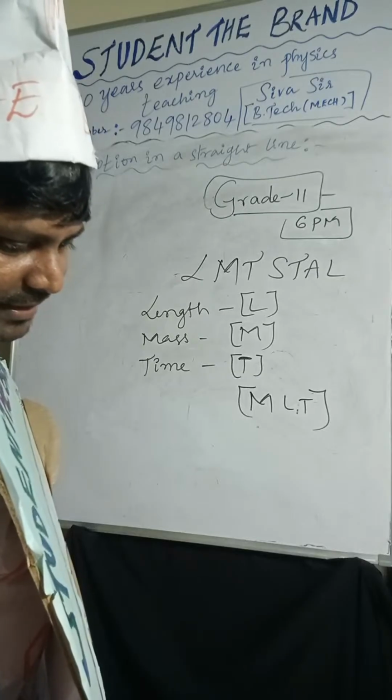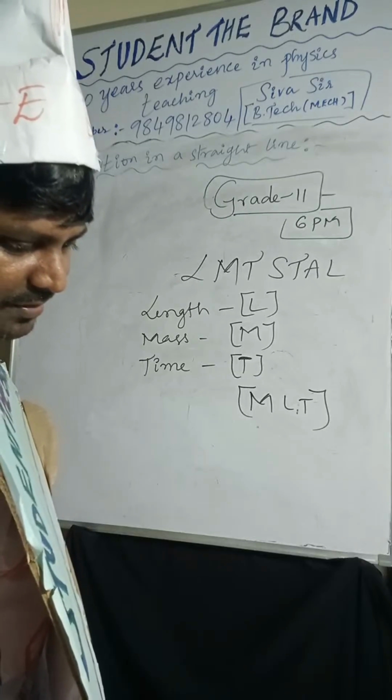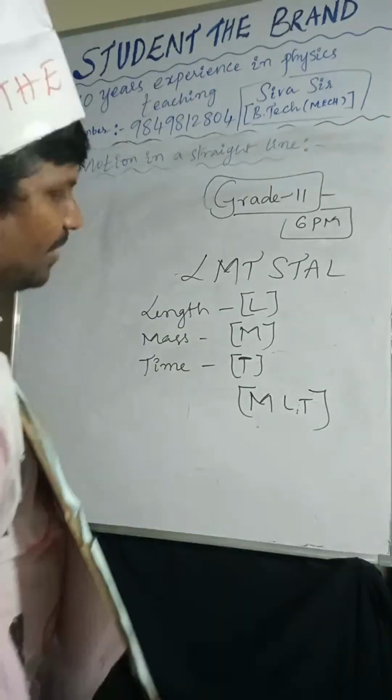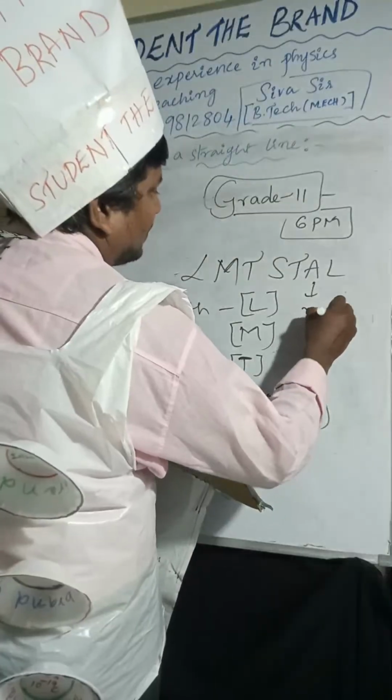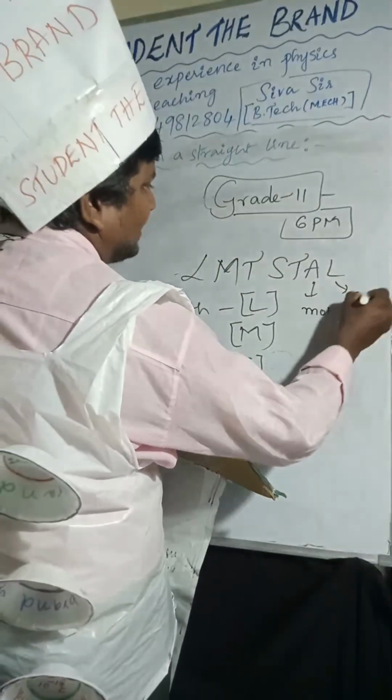Sir, what is the symbol of the amount of substance? Amount of substance is mol. Luminous intensity is candela, cd.